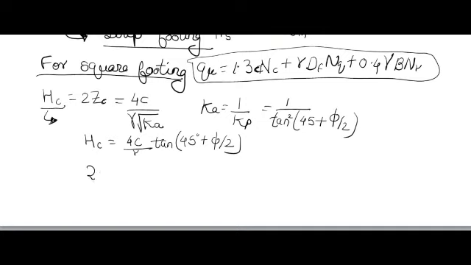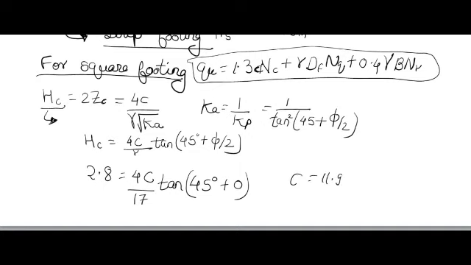So here we can write 2.8 is equal to 4C divided by gamma, the bulk density, which is given as 17 in the problem, times tan (45 degree plus phi, phi is 0). So from here you can calculate C is equal to 11.9 kilonewton per meter square. Sorry, the cohesion unit is not meter cube, it is kilonewton per meter square. Okay.